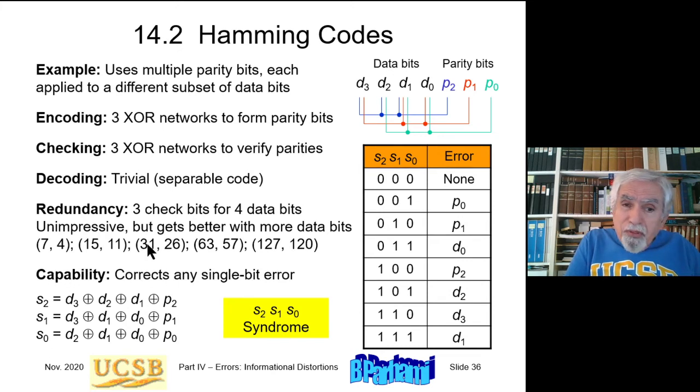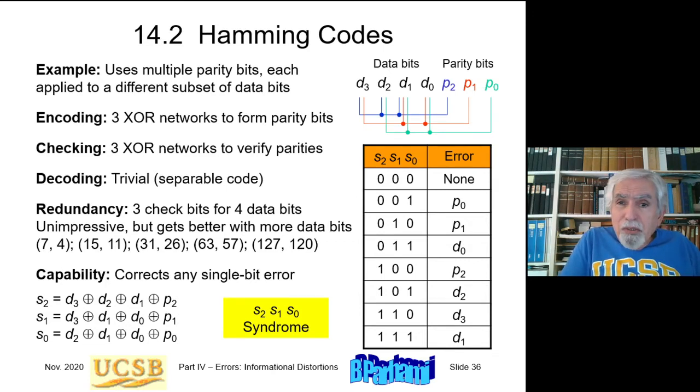For example, if you have 26 data bits, you need only 5 check bits. So 5 for 26, that's a little bit less than 20%. If you go to 120 data bits, you need only 7 redundant bits. So that's 7 divided by 120, roughly 6%. So redundancy improves as the code gets larger.